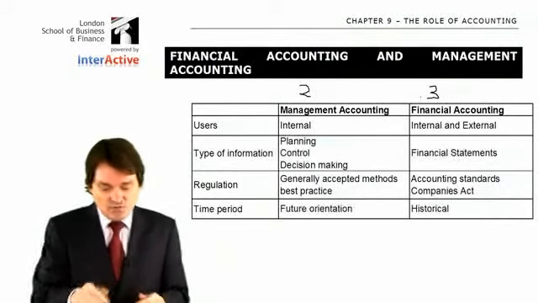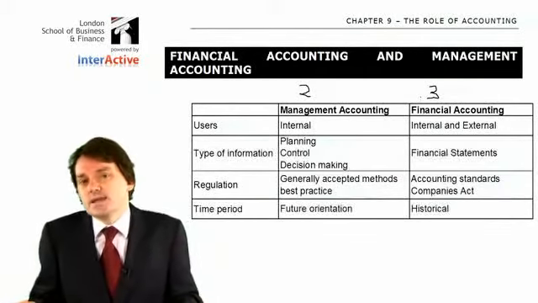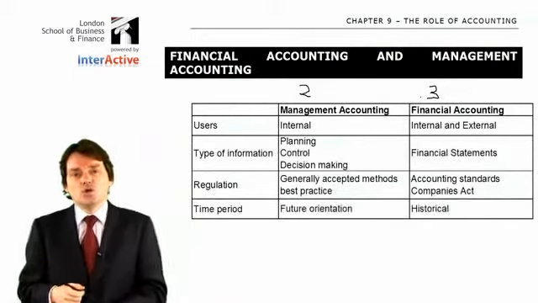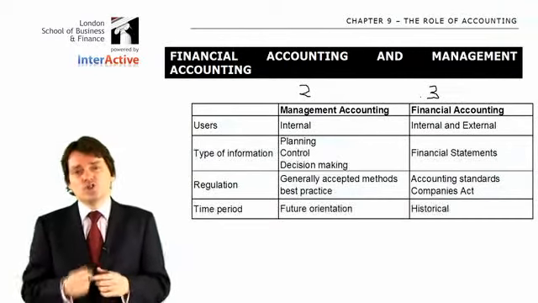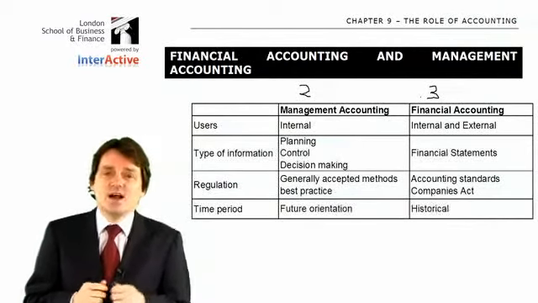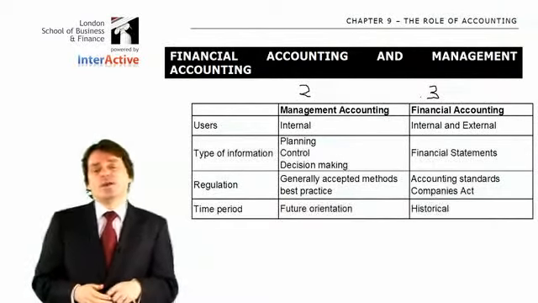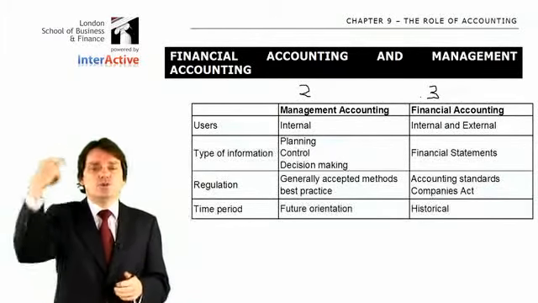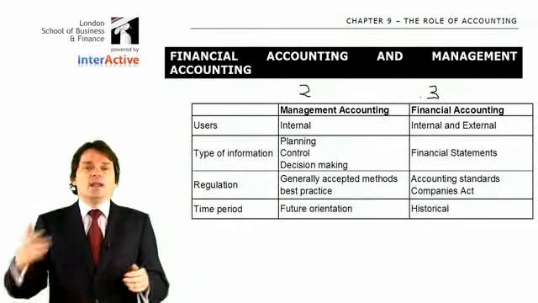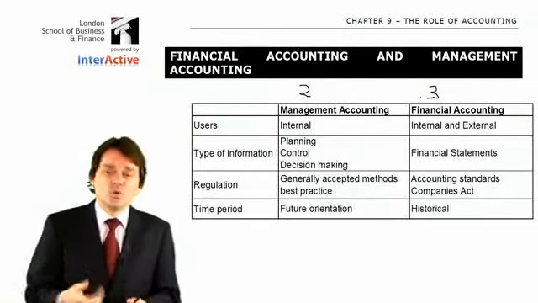Regulation, there isn't any. Because it's internal, you can do whatever you like. And that's one of the reasons a lot of students find management accounting harder, because there aren't the same kind of rules that there are in financial accounting. Financial accounting, you do your depreciation like this. In management accounting, there aren't always rules.